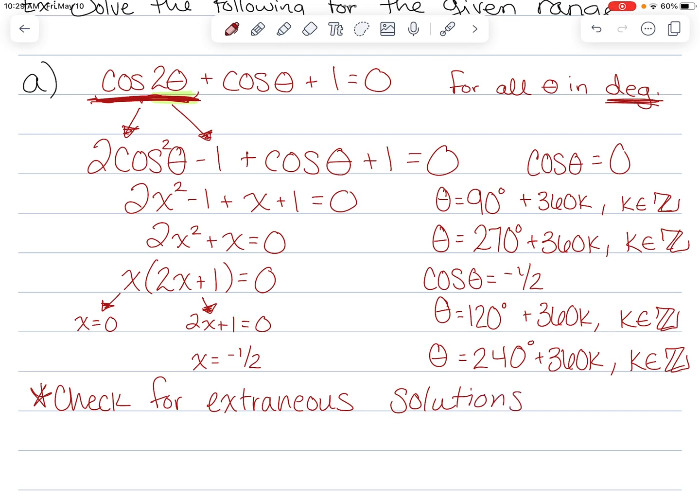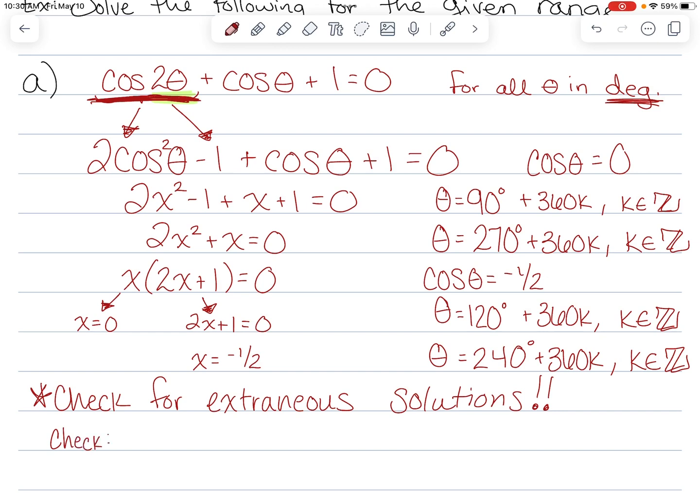Extraneous solutions, if you do not remember, are answers that you got in solving, even though you did the correct solving process, that don't work in the original problem. This happens a lot when you start including identities. So we have to check this. If an angle works, its coterminals all work, so we only have to check our base ones that we got from the unit circle, and we plug them back into the original problem.